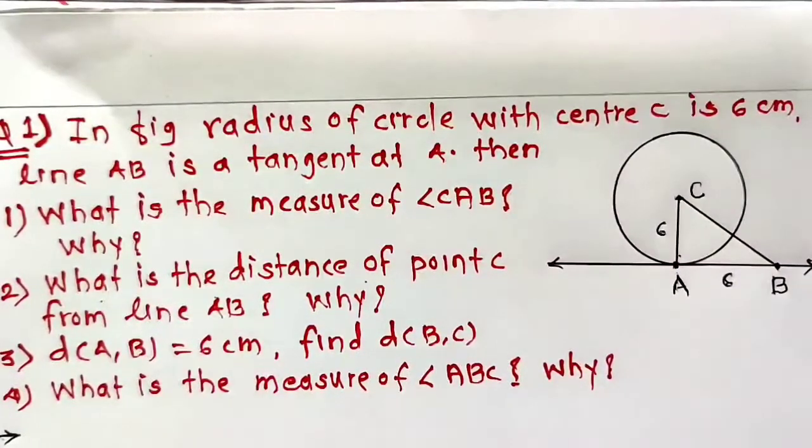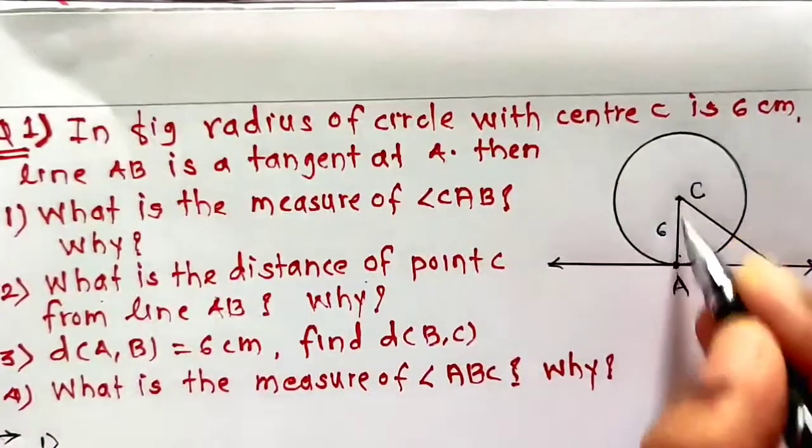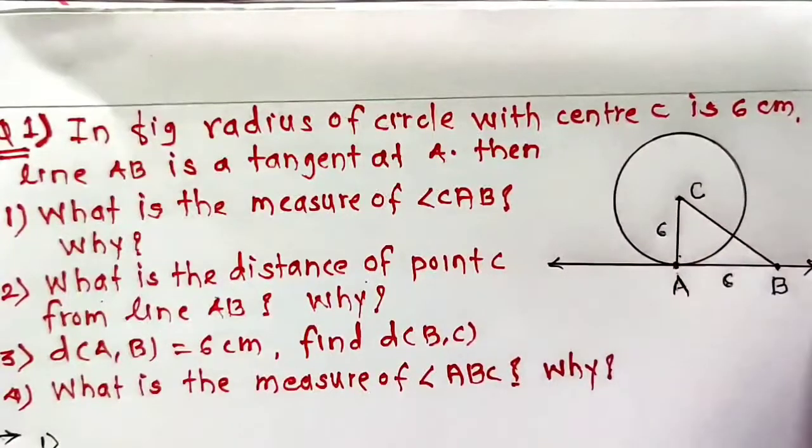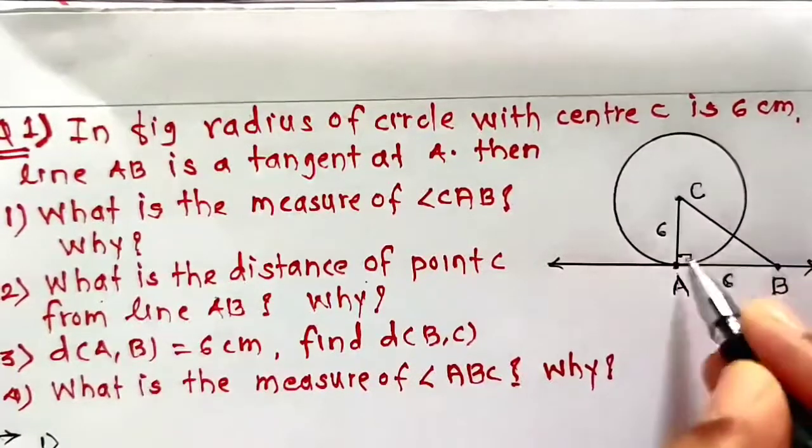First, what is the measure of angle CAB? Line AB is the tangent and CA is the radius drawn at the point of contact.